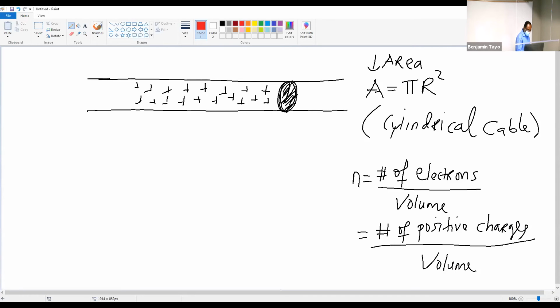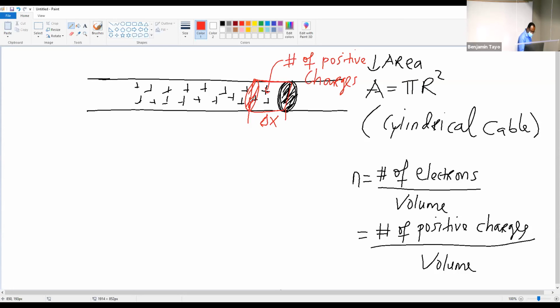Now, using calculus, I'm going to focus on a small volume here, such that the distance from here to here is delta x. Then I can say, what is the number of positive charges do I have in this small volume here?